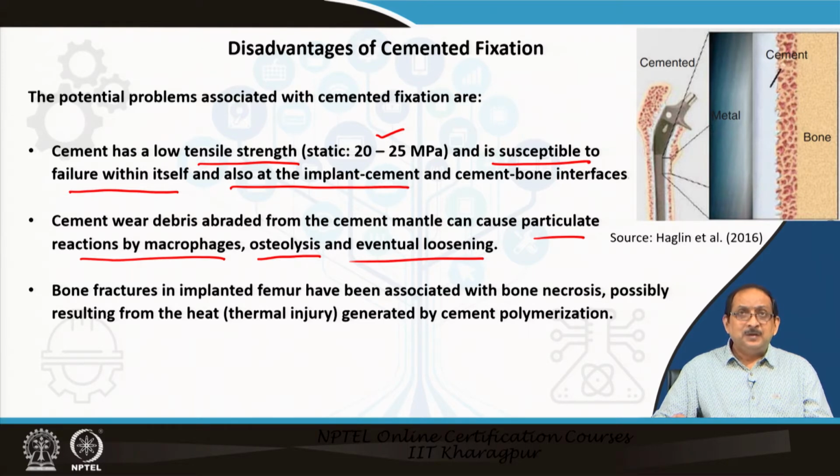Therefore, there is a potential threat of thermal injury to the bone layer adjacent to the cement layer due to the process of cement polymerization. Now, what is bone necrosis? Necrosis is death of bone tissue due to lack of blood supply.